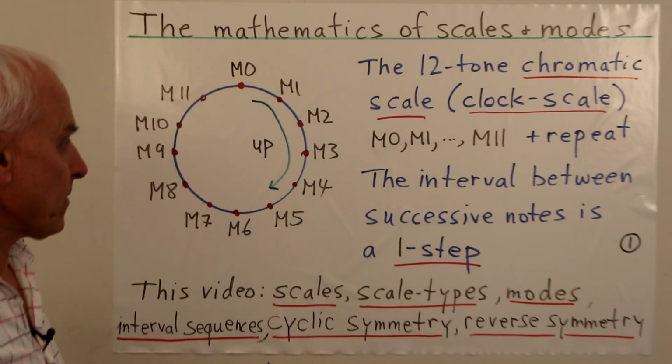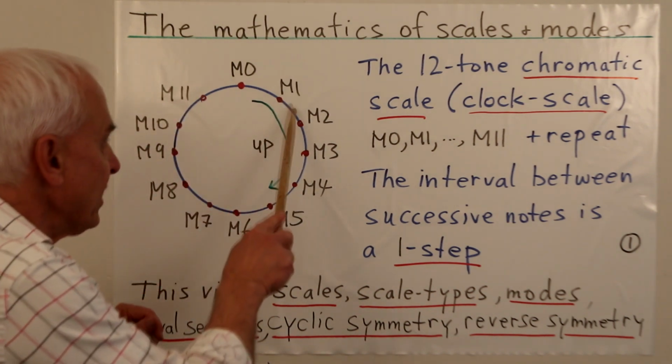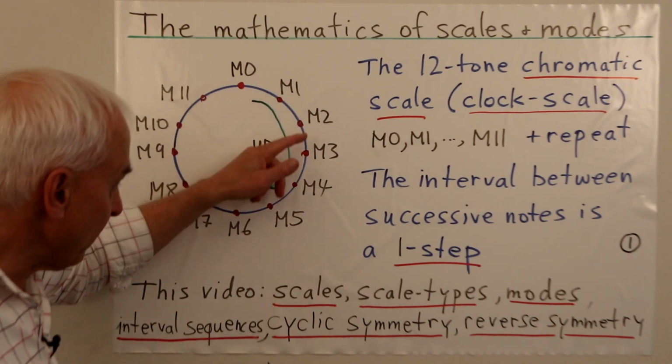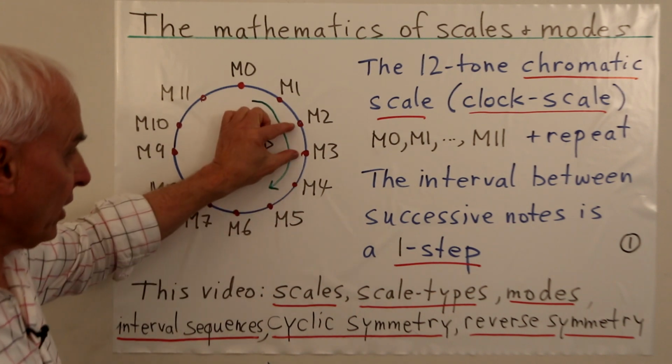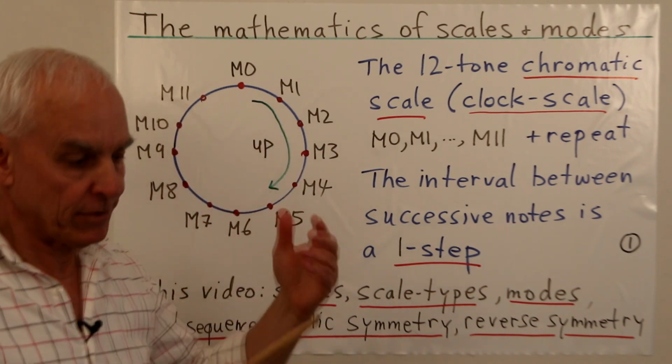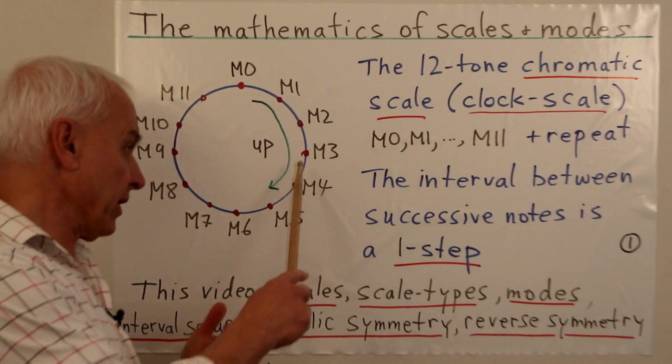Okay, and in this framework, the interval between successive notes, say if we're going this direction, that represents going up tonally or in frequency, that interval is called a one-step, and bigger intervals are correspondingly the obvious thing.